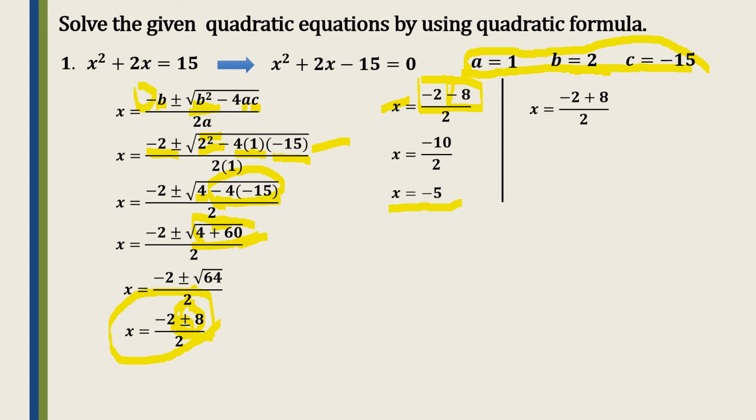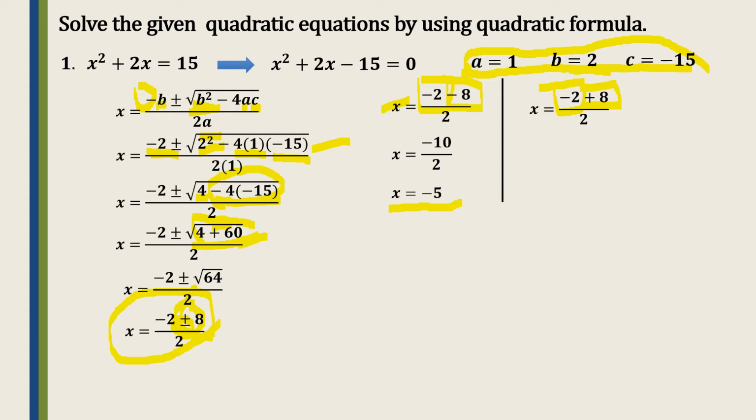Yung isang value ng x, we have x equals negative 2 plus 8 all over 2. Ganun din ang gawin natin. Negative 2 plus positive 8. So, magkaiba ang sign, magsusubtract tayo. 8 minus 2, the answer is 6.